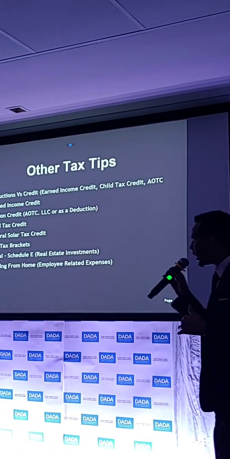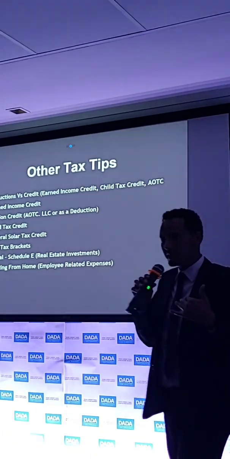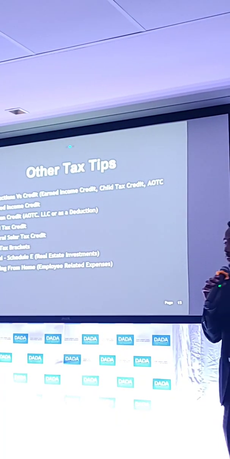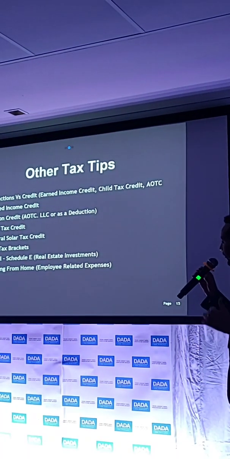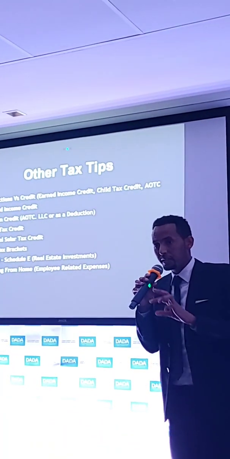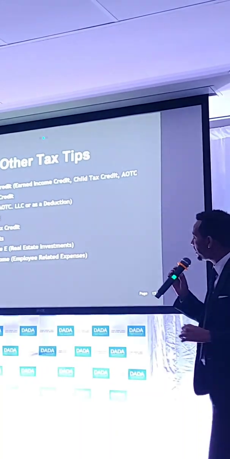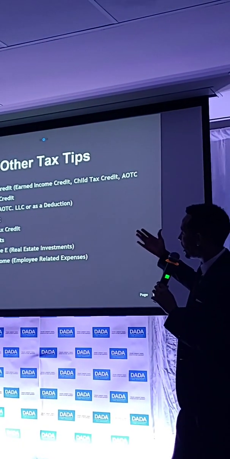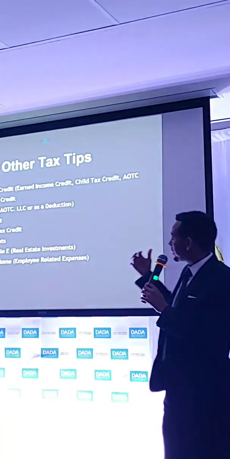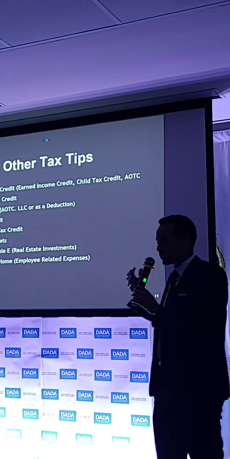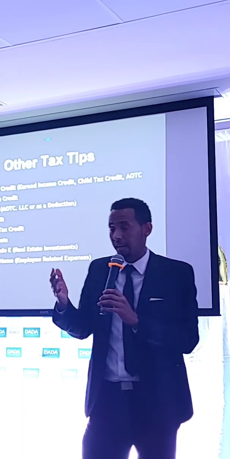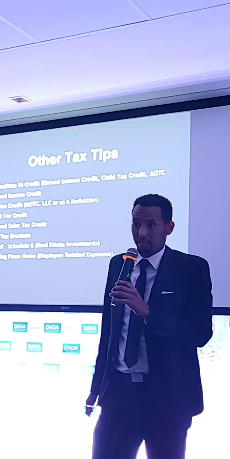Other tax tips: we are expecting to see some changes in the coming months in December. I will have a video about that on my channel, but I'll touch on some of the credits and deductions that you can take advantage of. First, deductions versus credits. Some people get confused about credits and deductions and how they impact your taxes.